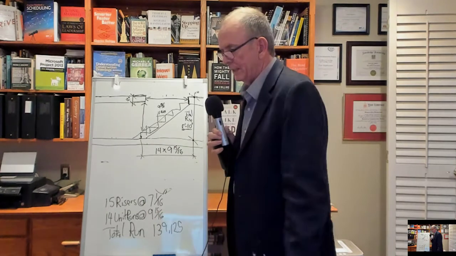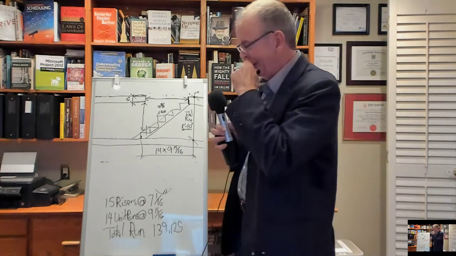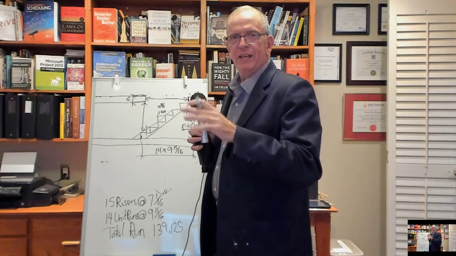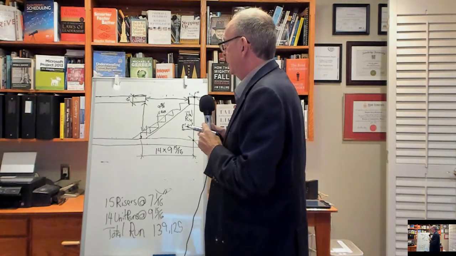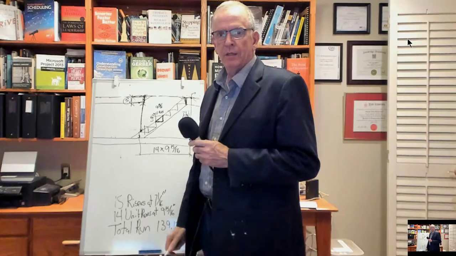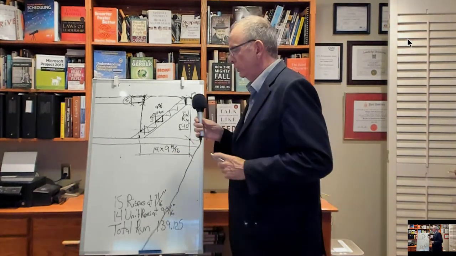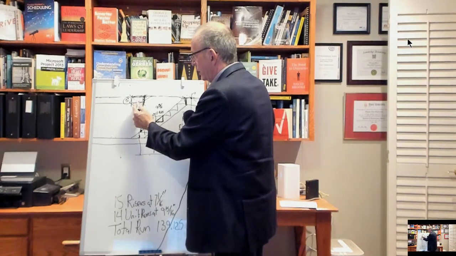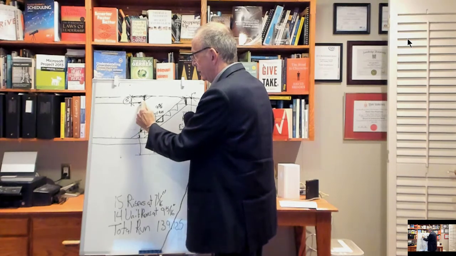Maybe it's a 2x10 joist, 9 1/4 or 9 1/8 depending on the moisture content, and then you've got the other stuff adding up to the 12 inches. So we figured out our thickness of floor, counting the finishes, the drywall, and the hardwood.